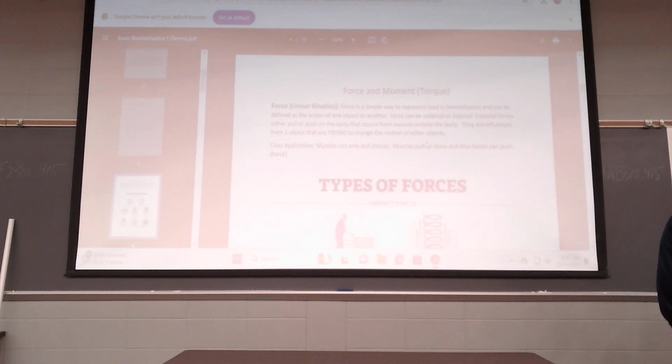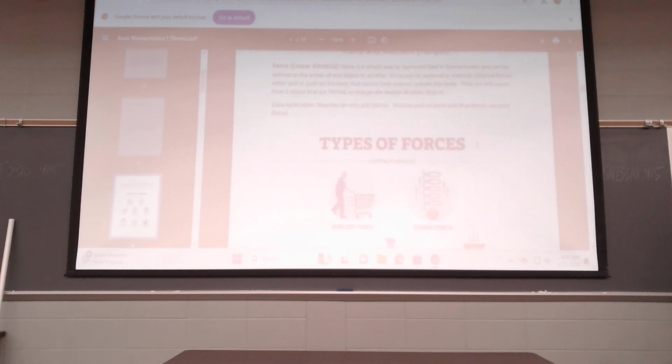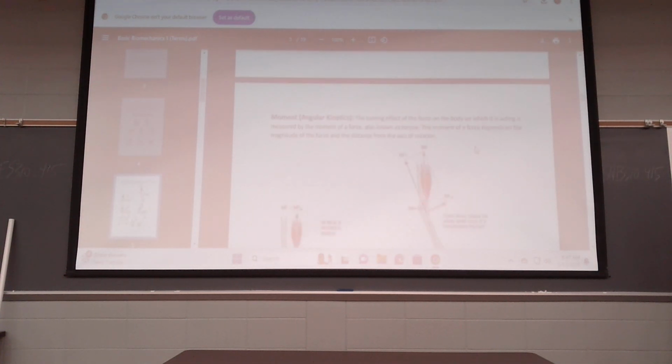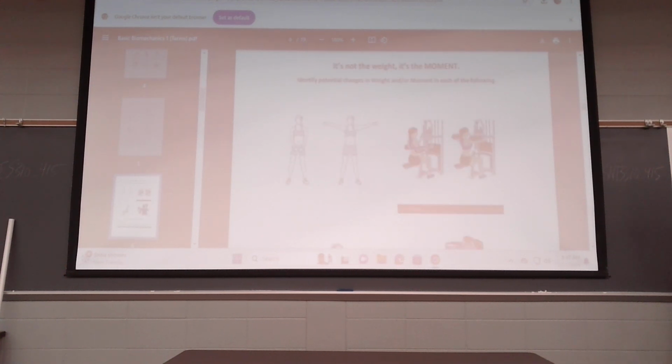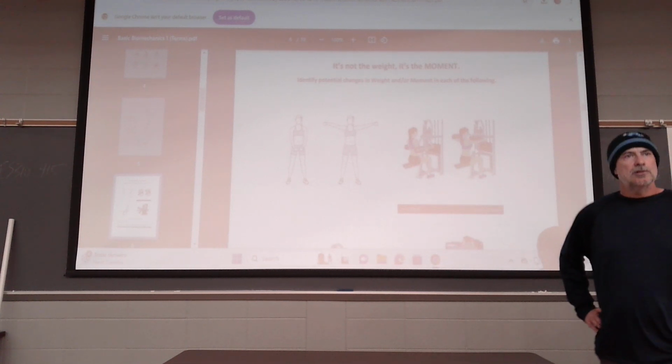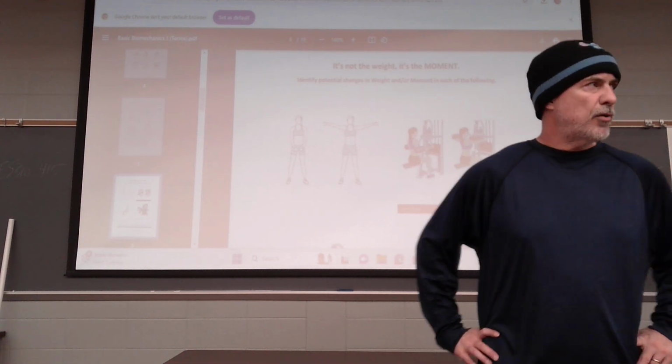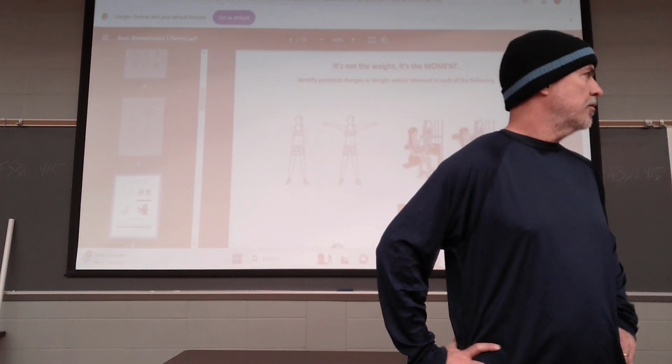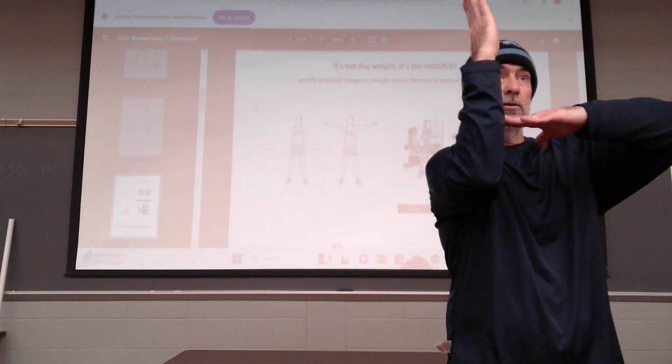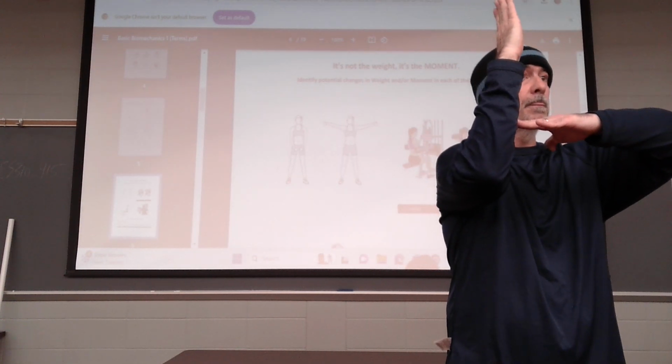That force is applied perpendicular to the axis of rotation. Notice there's a difference between perpendicular and parallel, right? We know that parallel is in the same direction, perpendicular is at a right angle, right?